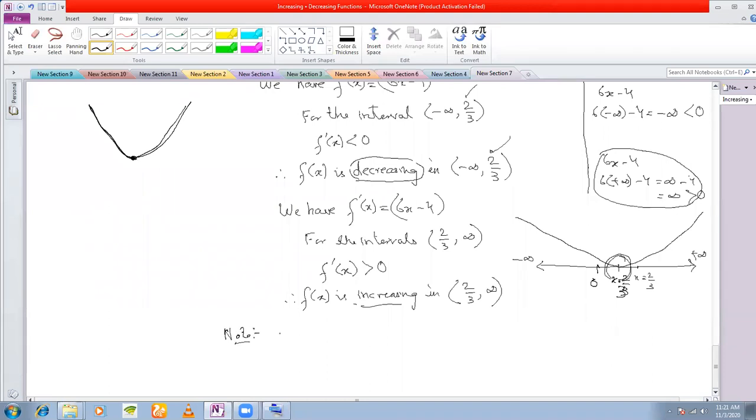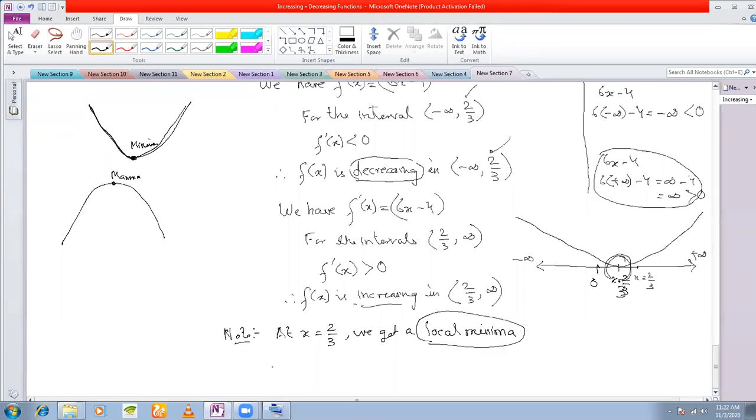Therefore we say that at x is equal to 2/3, we get a local minima. If the function would have been first increasing and then decreasing, you'd have got a maxima. Here we are getting a minima. So x is equal to 2/3 is a point of local minima.